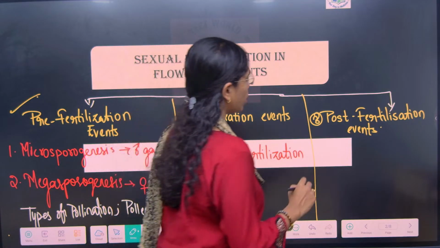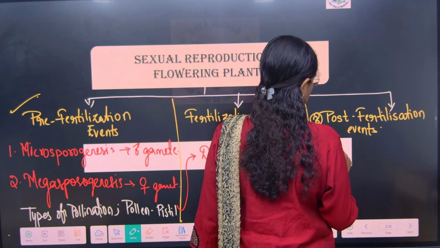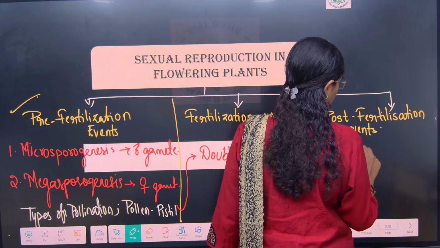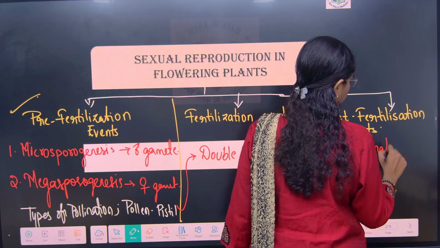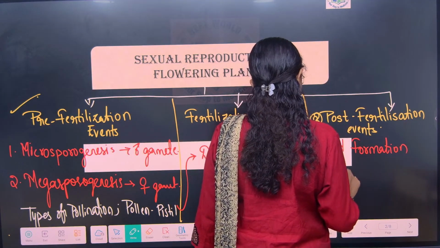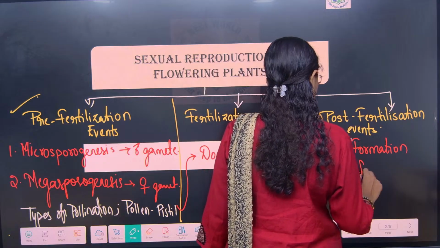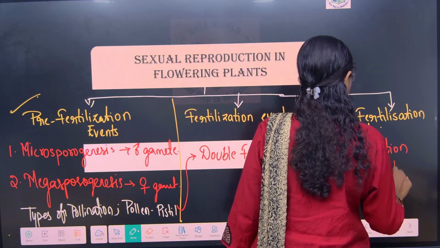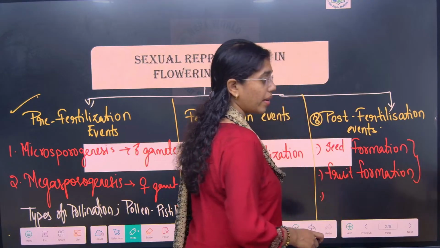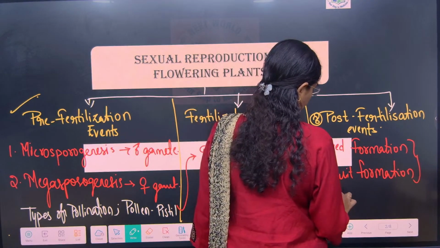Post-fertilization events, if you look into seed formation, seed is formed from the ovule, fruit formation, and prior to these two events, two more events happen, that is embryo and endosperm development.